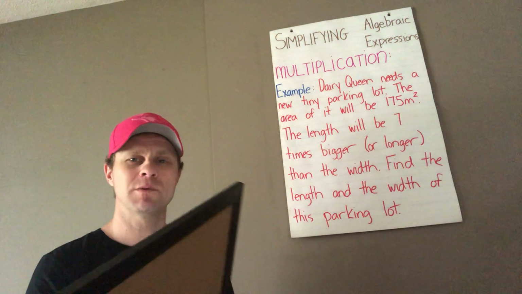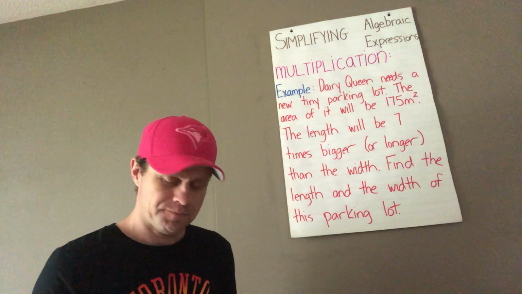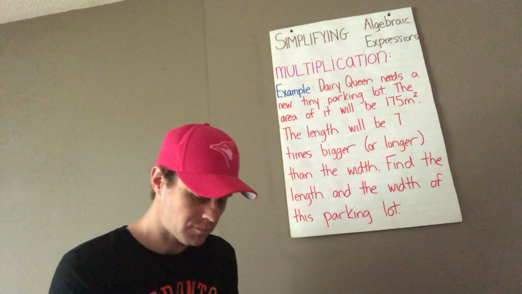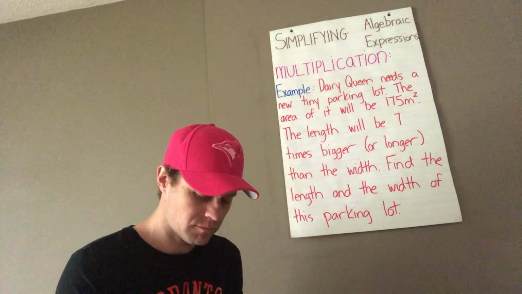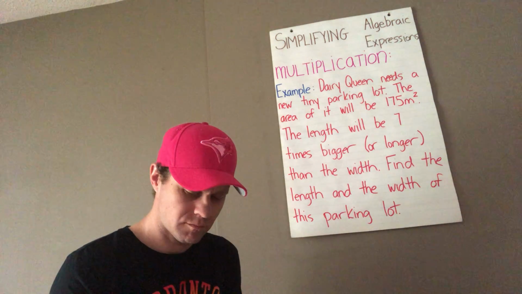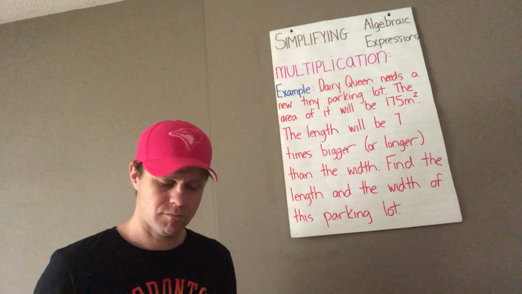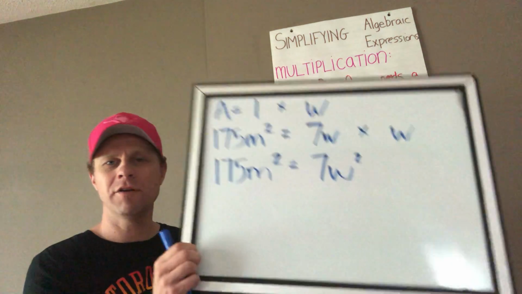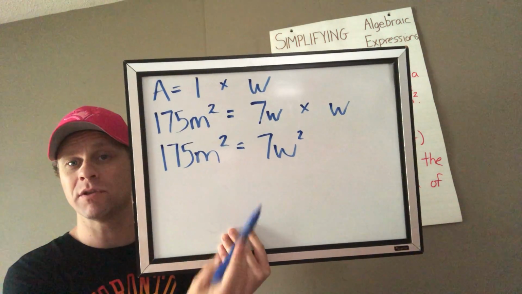So what was our rule with the exponents? 175 meters squared equals 7W squared.